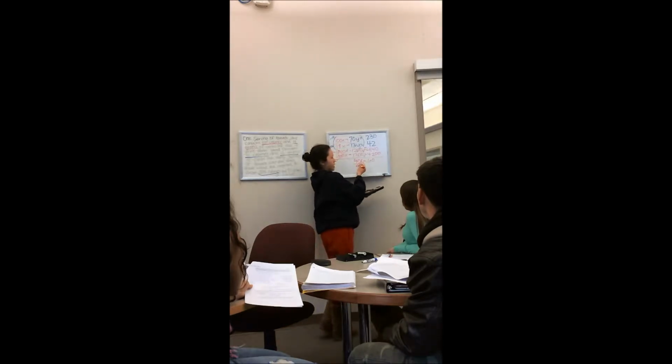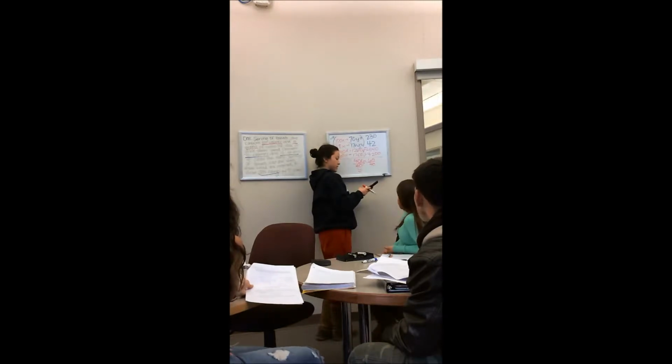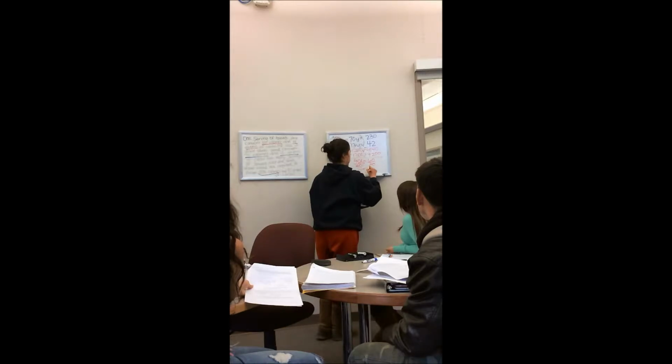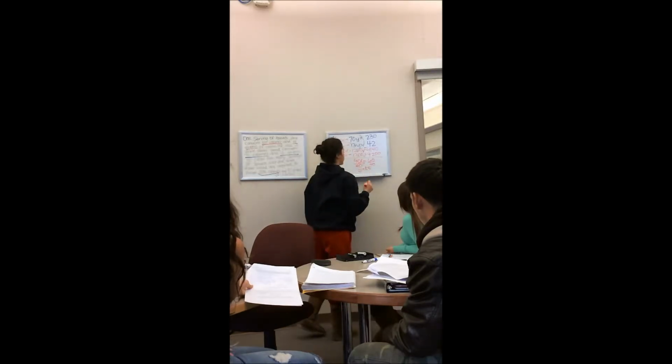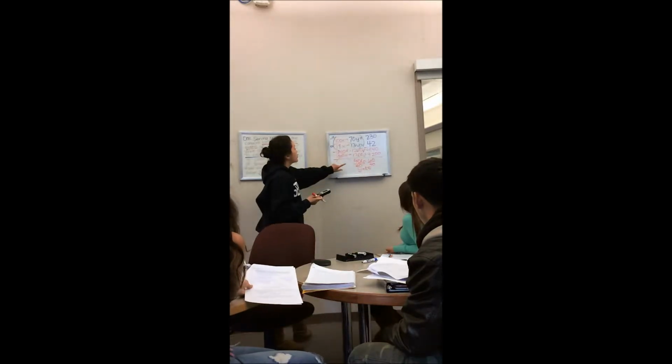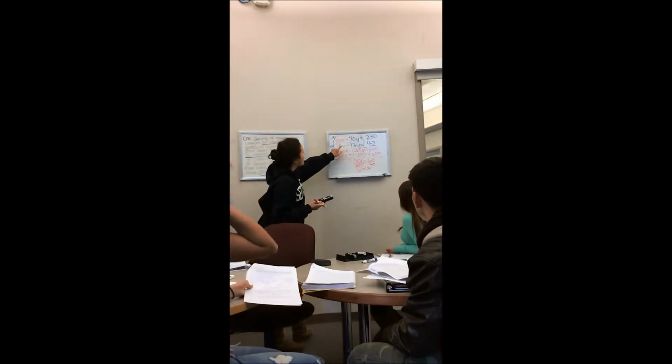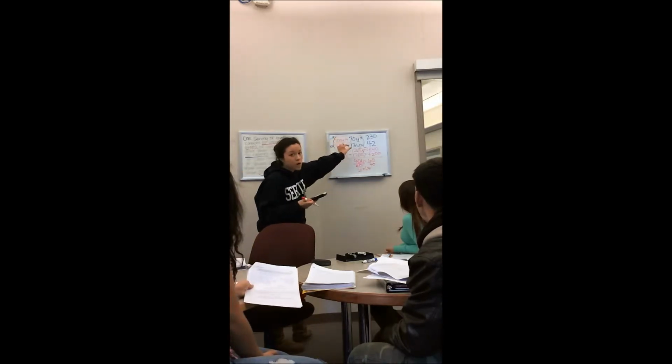In order to solve for this problem, we need to divide by 40 to get y by itself. When we do that, we need to do it on both sides. So when you divide 60 by 40, you get 1.5. And you can go ahead and plug this back into either one of the problems to get your x.